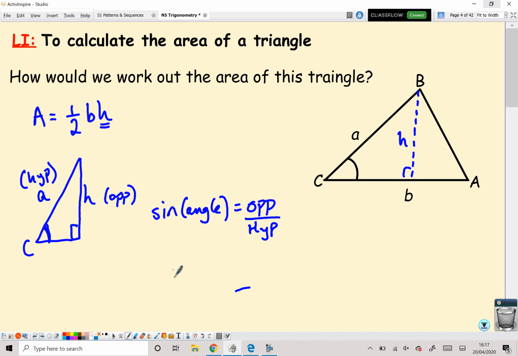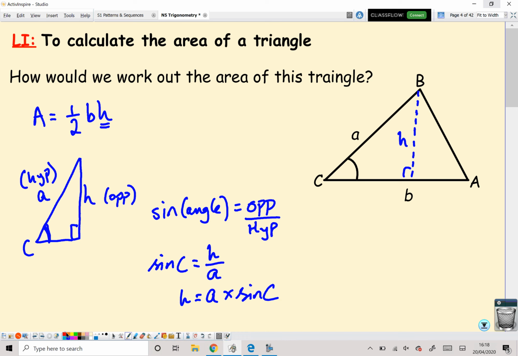So let's sub in what we have here. Sine C equals, the opposite side is h, over the hypotenuse side, which is a. Now, a little bit of algebra here, a little bit of changing the subject of a formula, that's going to help us get a replacement for h, because if I wanted to calculate h, then I would just multiply a and sine C together. So the height will be equal to a times sine C.